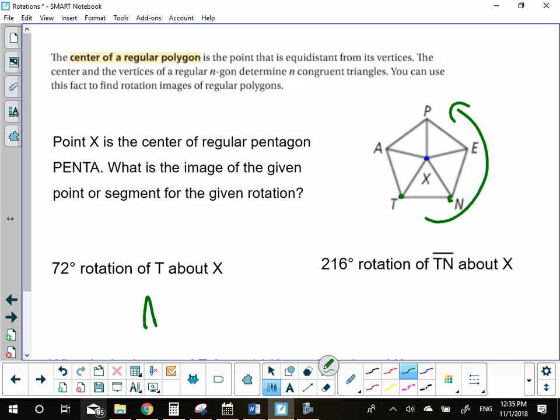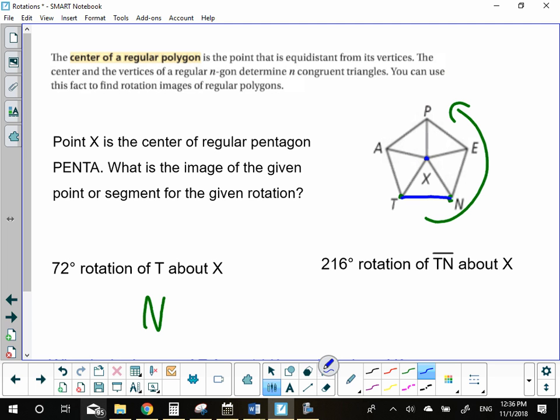We end up at N, because each one of those is 72 degrees. So that would be when I go 216 degrees. How far is that? How many sections? That's 3 sections. So if you say T to N, we want to move it 3 sections over.